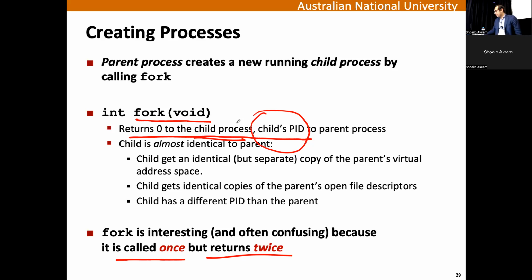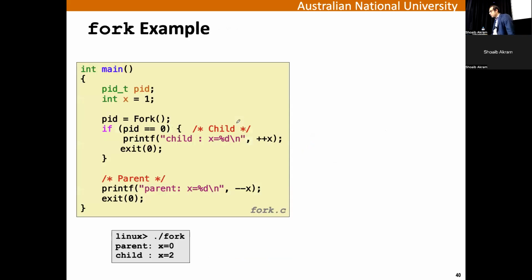Okay, let's look at an example. So here, this is a main program. Whenever you double click on your desktop to run an application, and when in terminal you type the name of a binary you want to run, this is what is happening behind the hood. So this is what we're looking at. So you can write applications now that do those things, that help people run applications, binary executables.